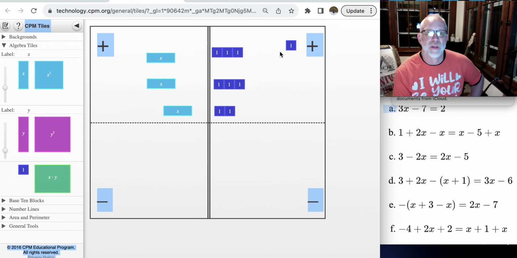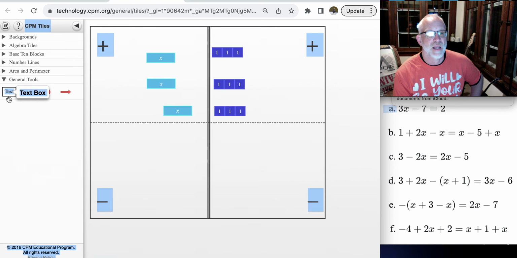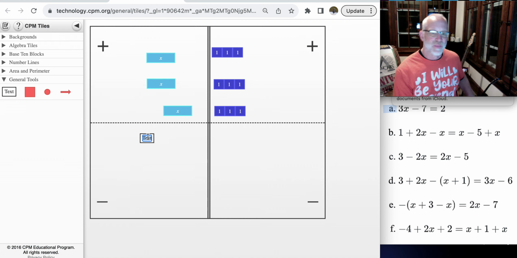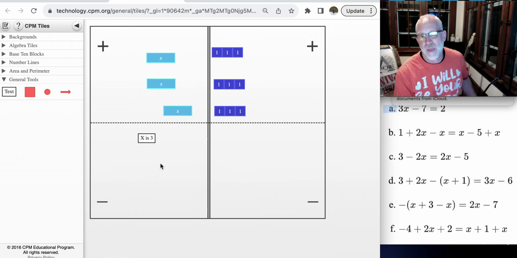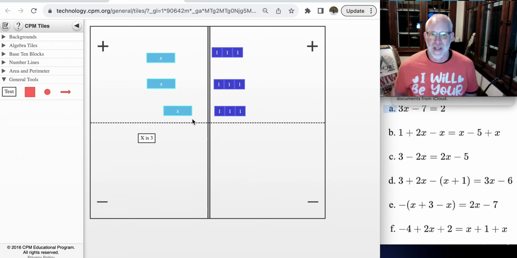Then I went into this text box, and again, I can't use the equal sign on my keyboard, so I just put x is 3, positive 3. But I would have used the equal sign had my keyboard worked.